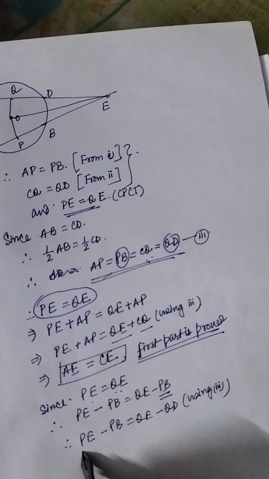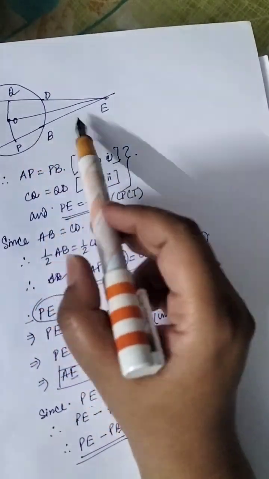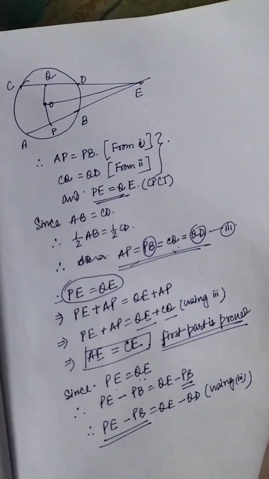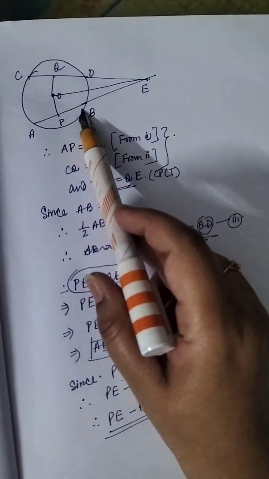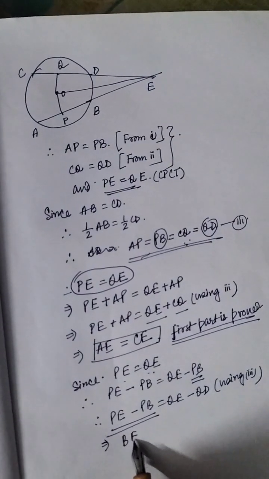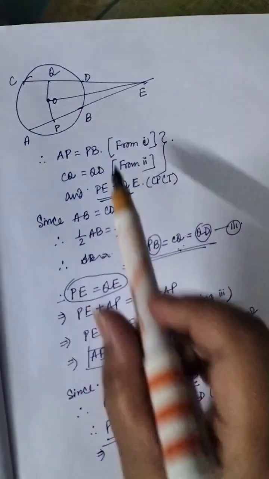So after subtraction, PE minus PB will give you what? BE, right? PE minus PB will give you BE. So here BE will be left. And QE minus QD will give you DE.